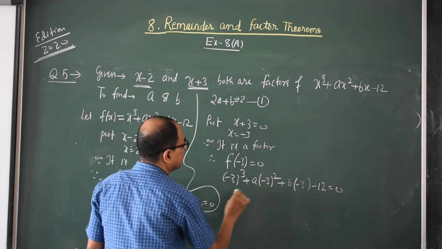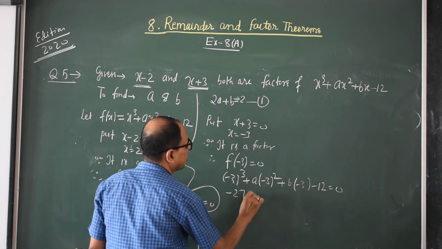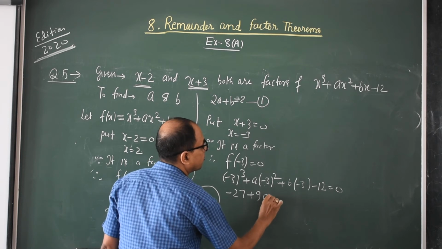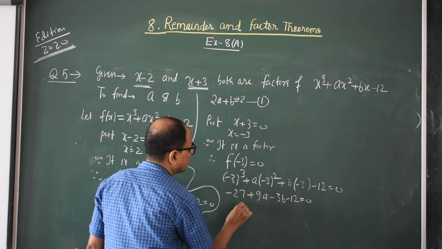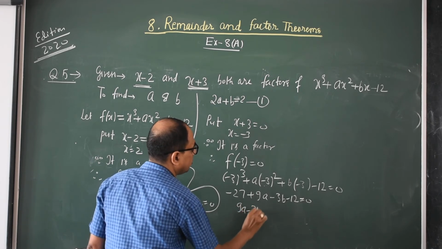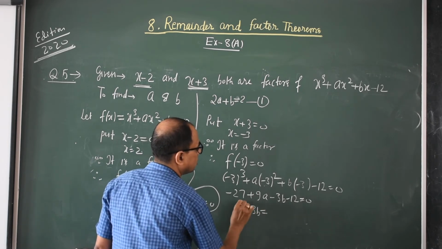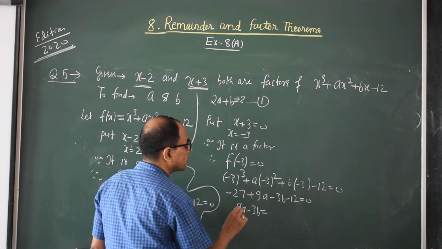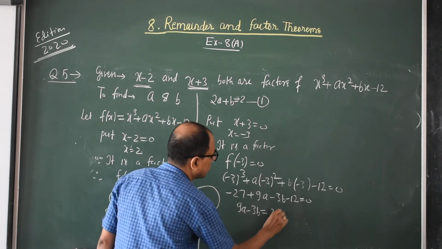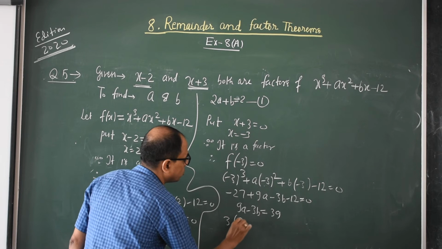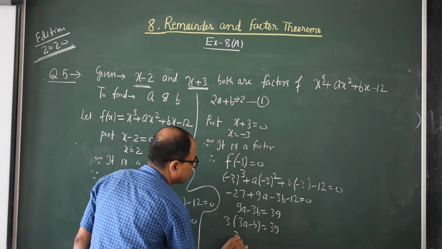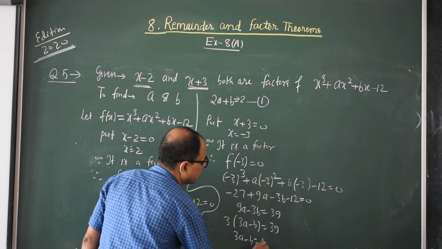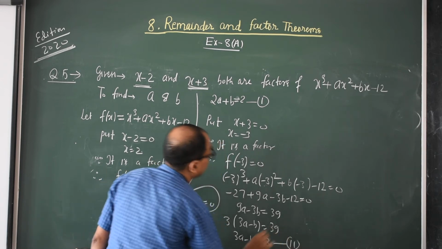So from here you get minus 27 plus 9a minus 3b minus 12 equal to 0. So 9a minus 3b is equal to 39. Taking 3 common, 3a minus b is equal to 13. It is equation number 2.